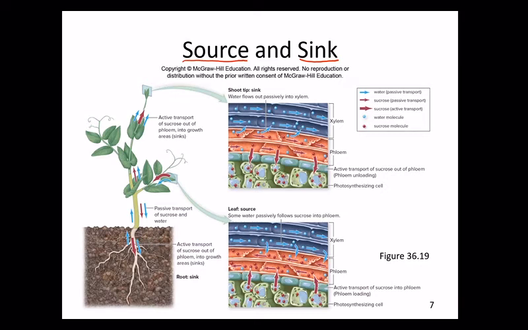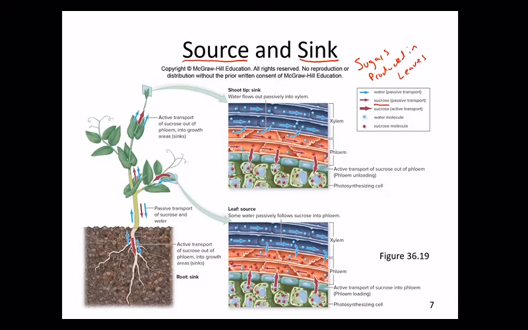And so, for example, if we look at sucrose or sugar, during normal summertime when the sun's out, the leaves are out, sugars will be produced in the leaves, right?